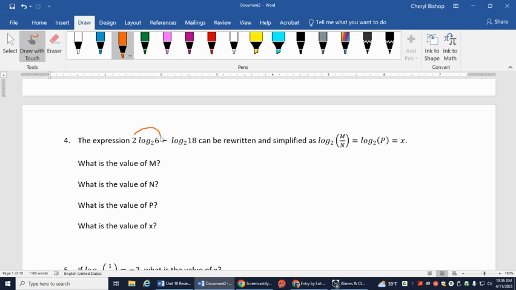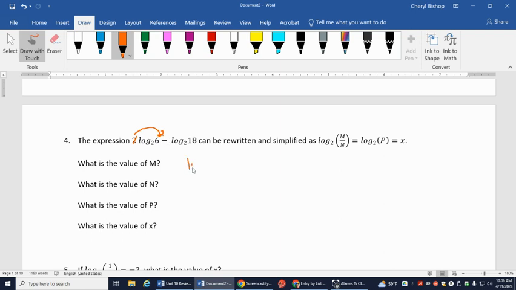What happens with this 2 in front? I can't divide because I'm not equal to anything. What happens with that 2 out in front? It becomes an exponent, right? So that's really going to become 6 squared.